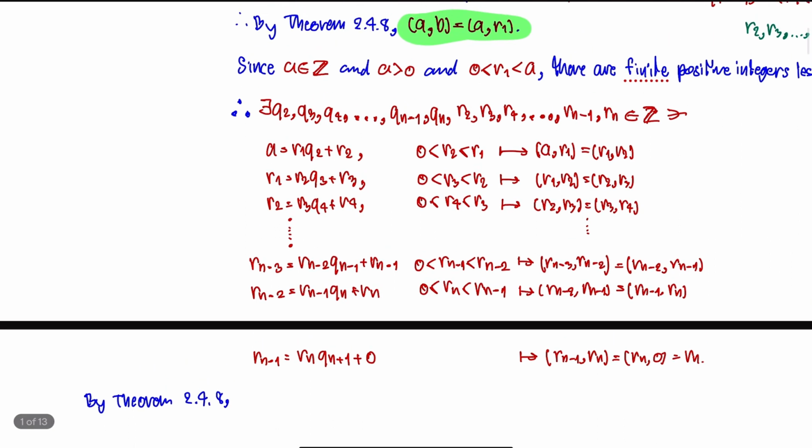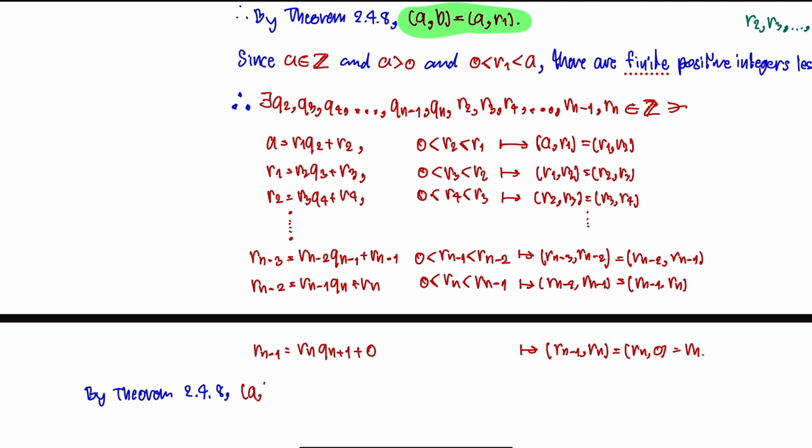2.4.8, we gotta have the greatest common divisor of A and B equal A, R1, and A, R1 is R1, R2. R1, R2 equal to this one here, R2, R3. Okay, R2, R3 equal to the greatest common divisor R3, R4.